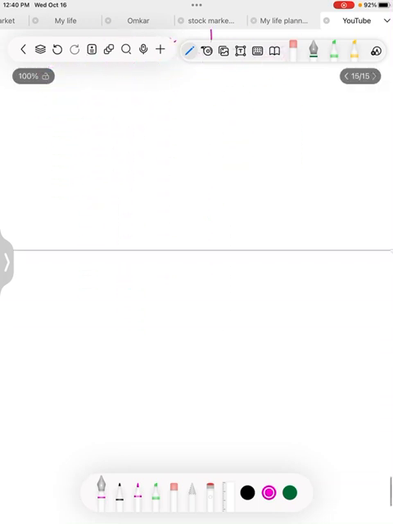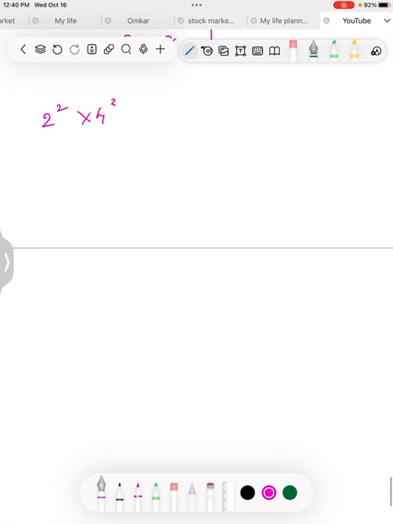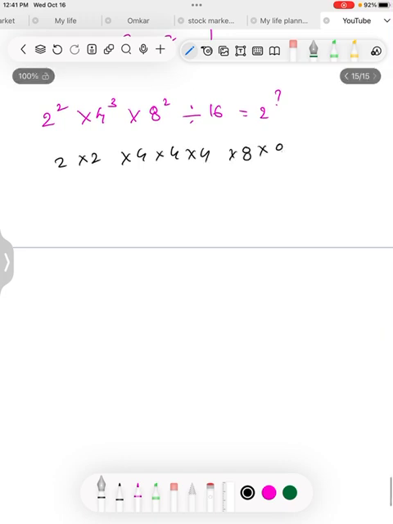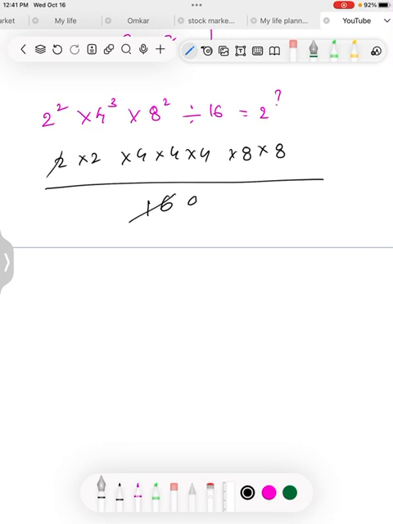2 square into 4 cube into 8 square divided by 16 is equal to 2 power question mark, right? So here you can just do it in this way actually. No need to multiply. You just write it in this way. Go for 8, go for 4, get cancelled.